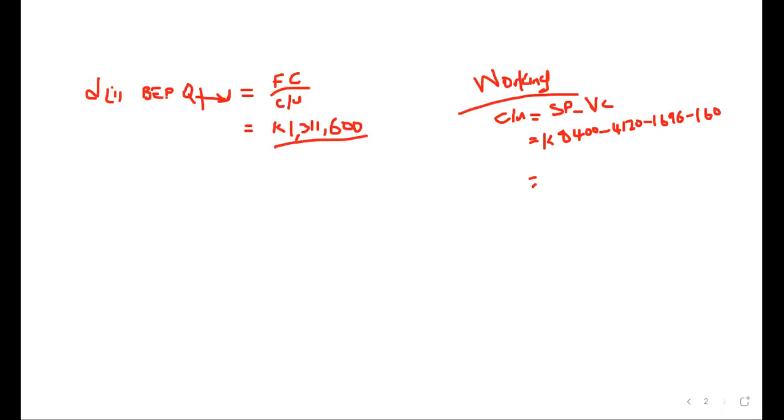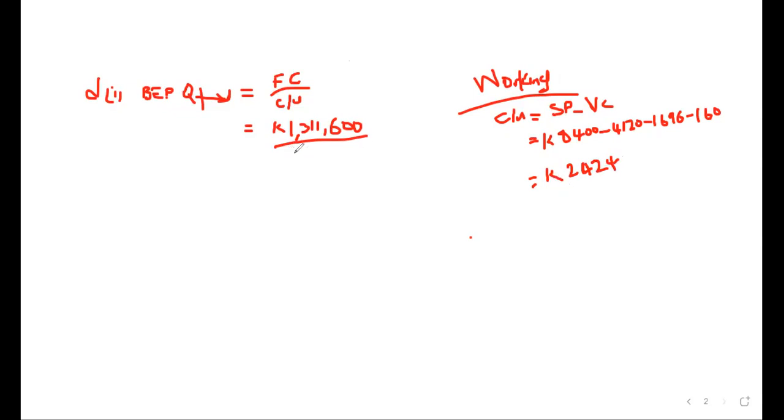Okay, so that one is 2,424, correct. So here our contribution per unit is 2,424, yes. So this is our contribution per unit.